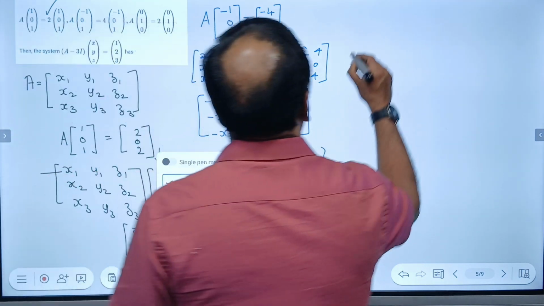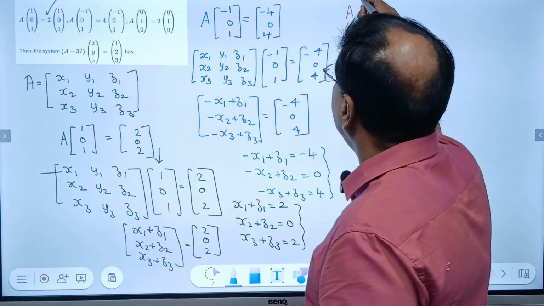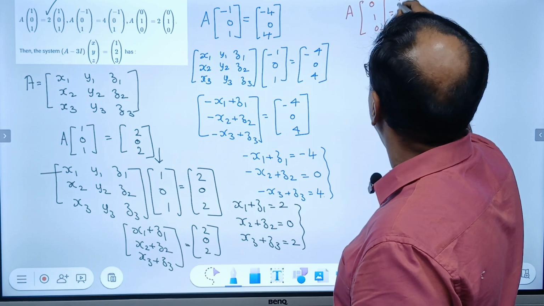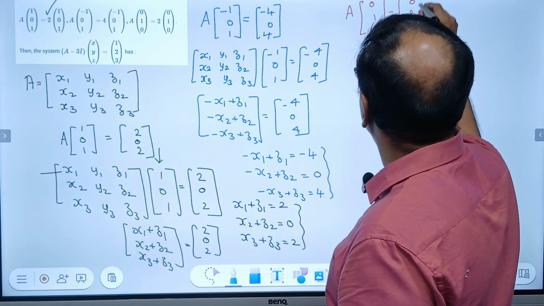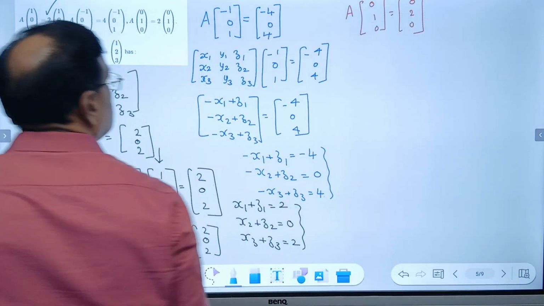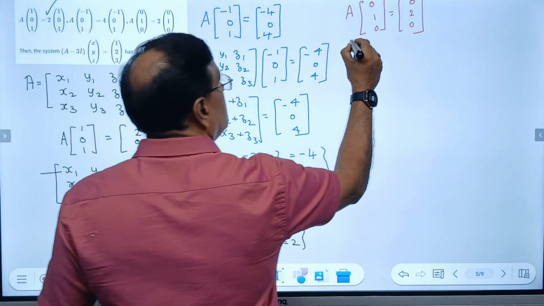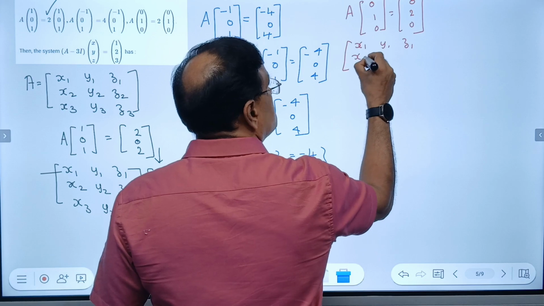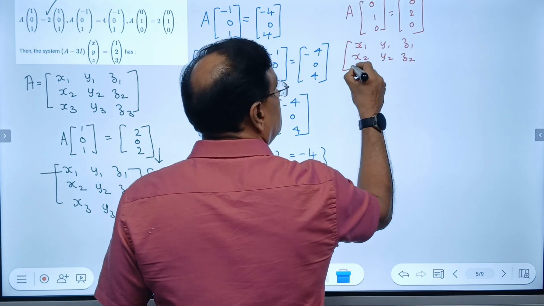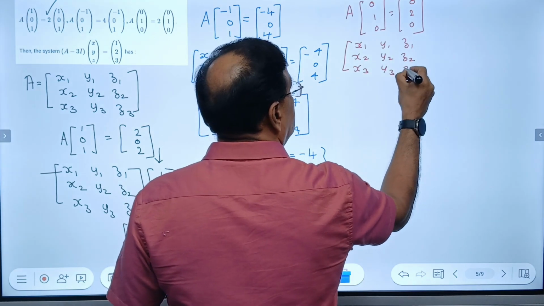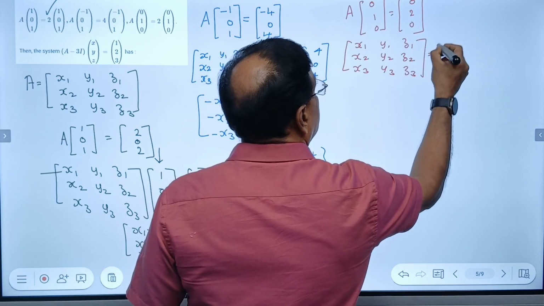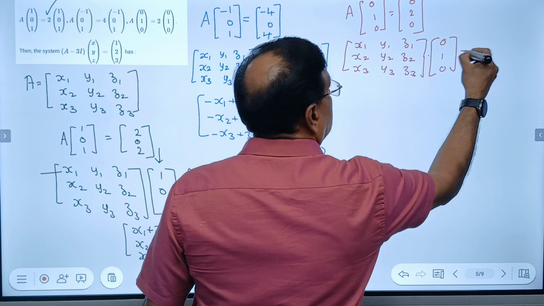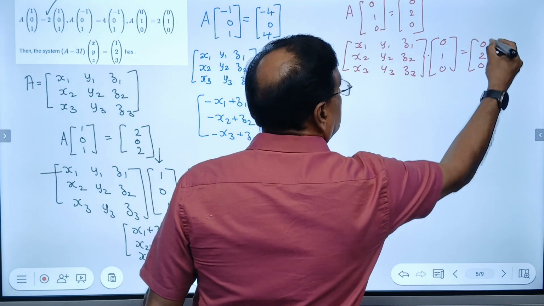I have A into 0, 1, 0 equal to 0, 2, 0. This is the second set of equations. Now what is this actually? This is x1, y1, z1, x2, y2, z2, x3, y3, z3 into 0, 1, 0 equal to 0, 2, 0.